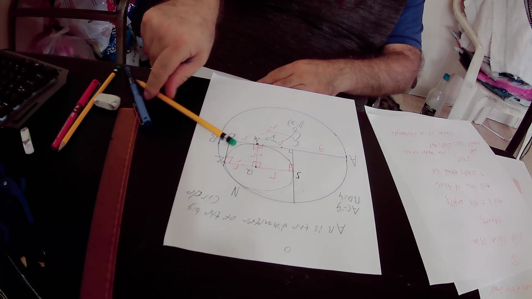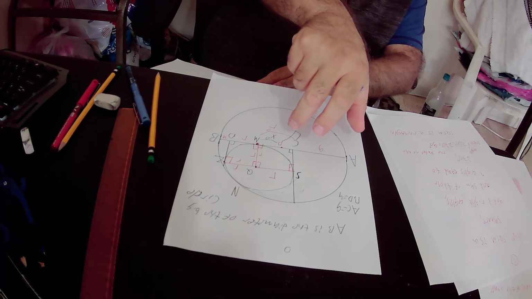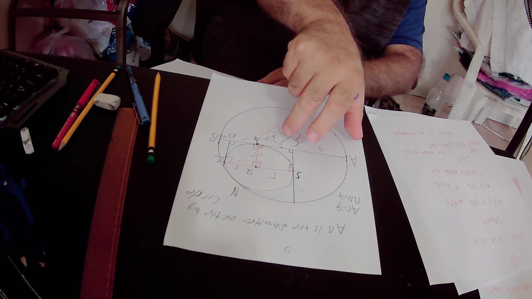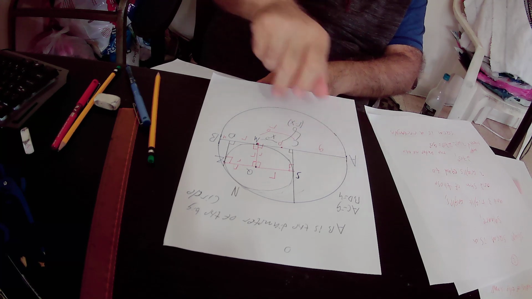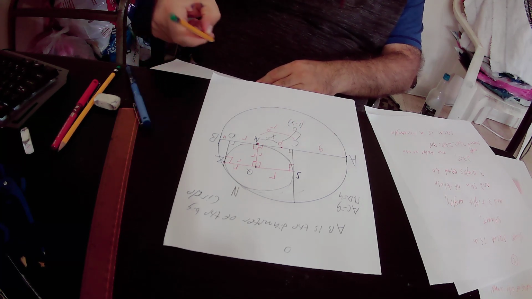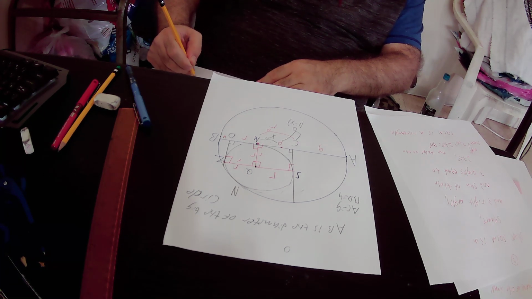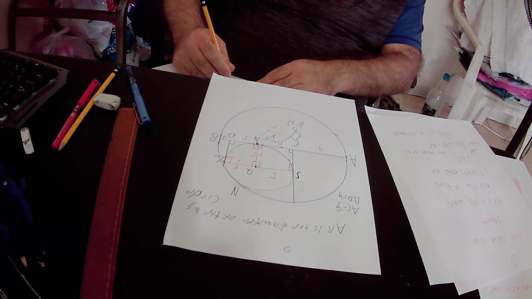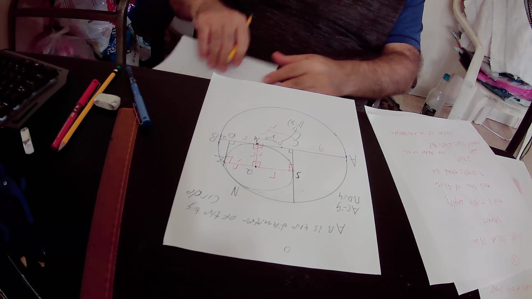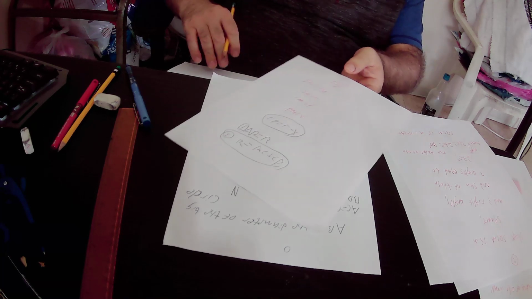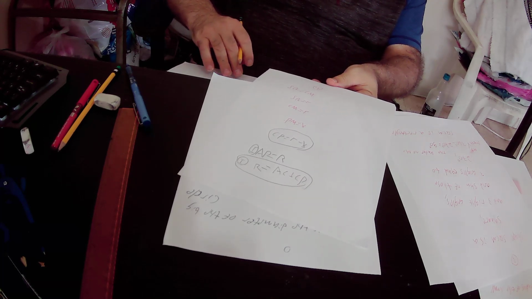Again, the radius of the big circle, that is AP, equals AC plus CP.